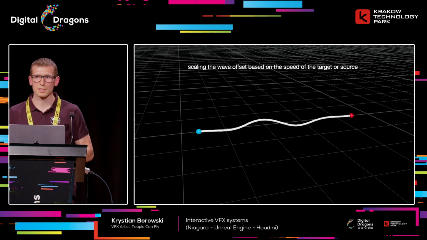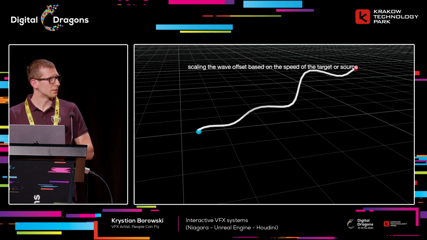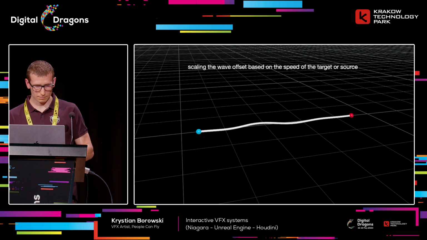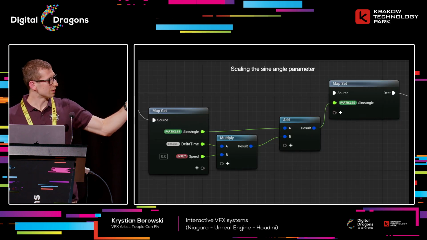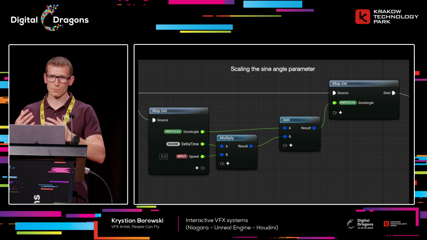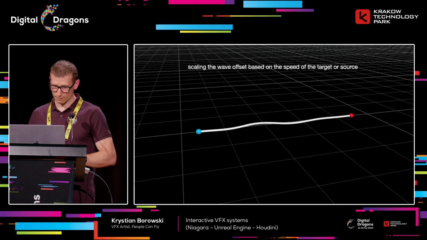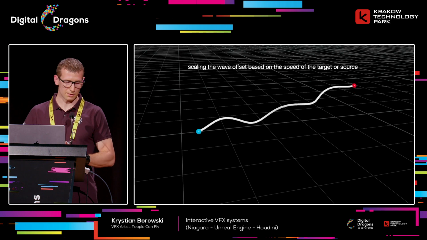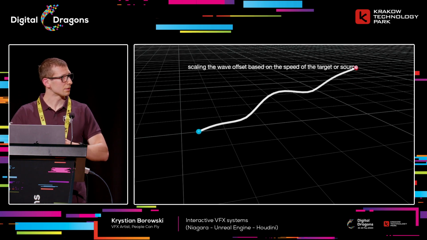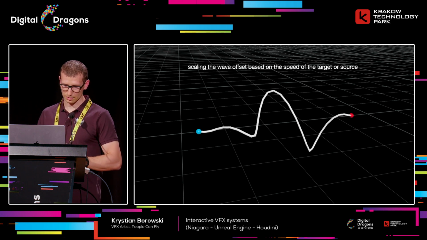Instead of simulating physics and doing all those hard computations, we can, for a small period of time, increase the speed that is being multiplied with the delta time, and in this case, the sine wave will move faster for a small period of time. And we are doing it with many different parameters, with the scale of the offset as well. So it gives a more interesting reaction behavior.